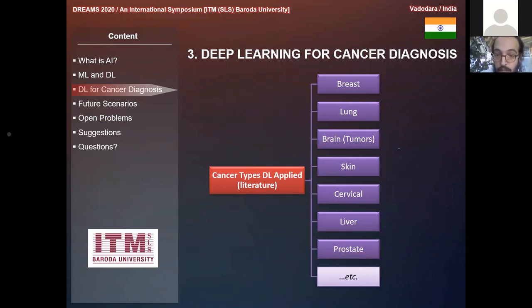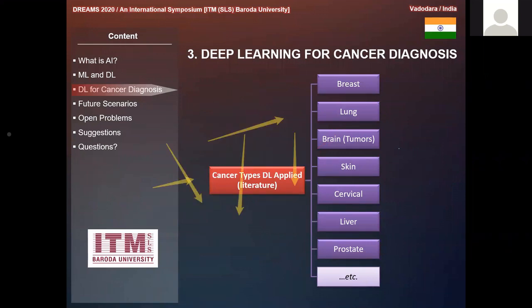We are able to use data in order to diagnose such cancer types according to the different organs. Of course, with a deeper analysis of the literature you can reach more organs, but these are among the most popular ones.